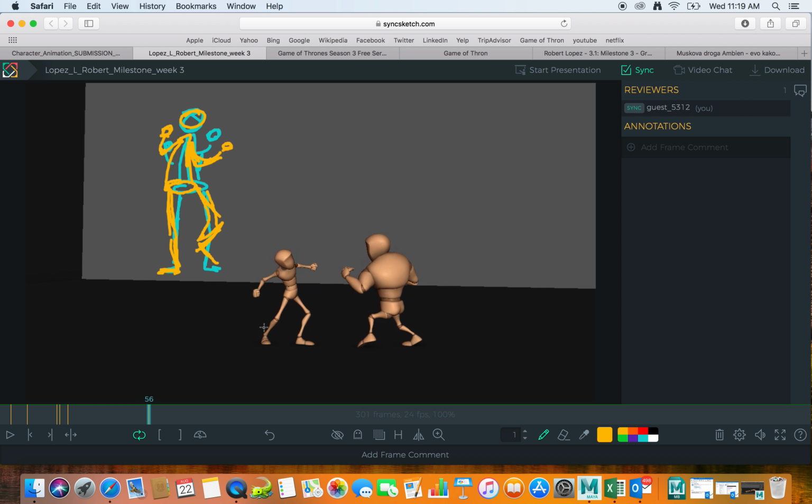Because we are watching people walking and moving in front of us every day, all day long, and there are certain ways how they do it. When we are recreating that kind of movement and we just cut the corners, the reality of the movement is gone, and it doesn't look right.